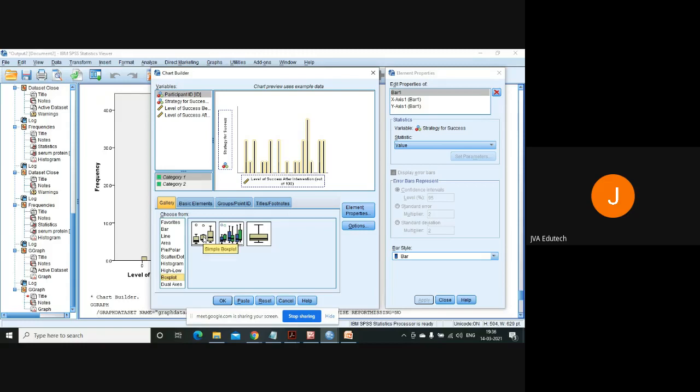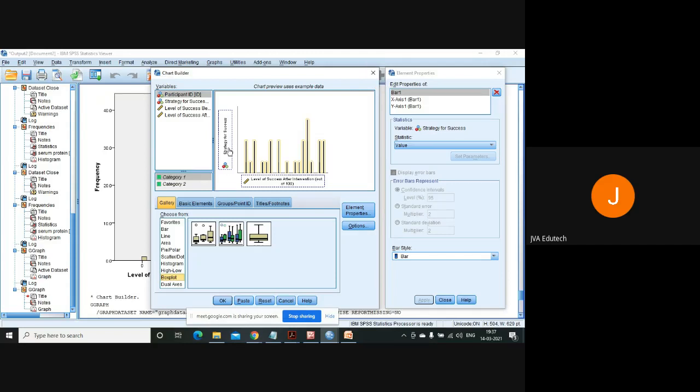Now here you can find different kinds of box plots. Before that, we have made only one kind of histogram. Let's see another kind of histogram also.